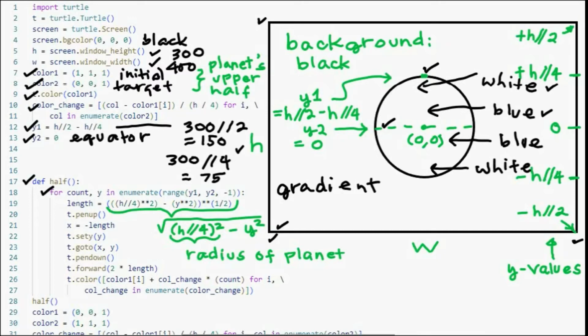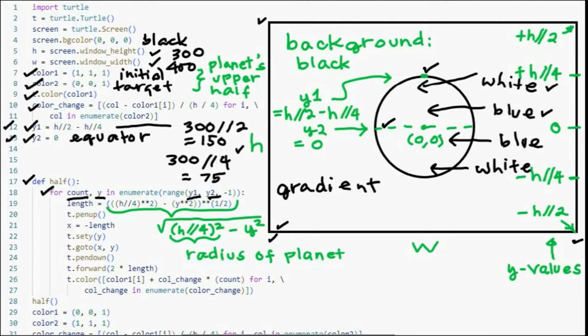Number 38, we have two variables here, the count. Of course, the count changes from 0, 1, 2, 3, 4, 5. And then the second variable is y. The y changes from y1, which is defined in number 12, and ends with y2, which is defined in number 13.